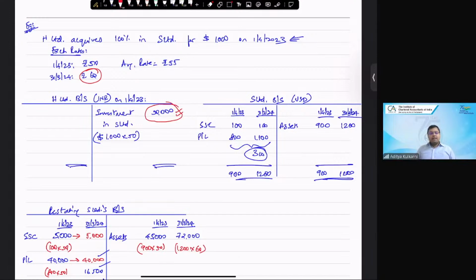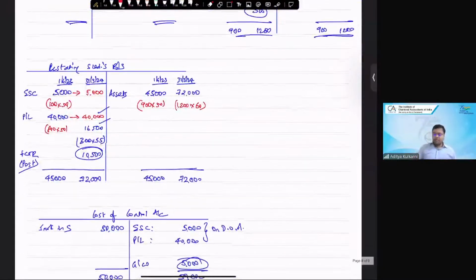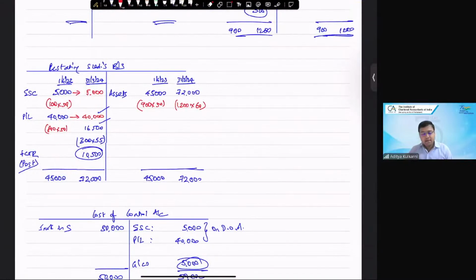So this investment will go away from the balance sheet and be replaced by the subsidiary's assets, liabilities, and net worth. On the date of acquisition, it had equity capital of 5,000 and P&L of 40,000.